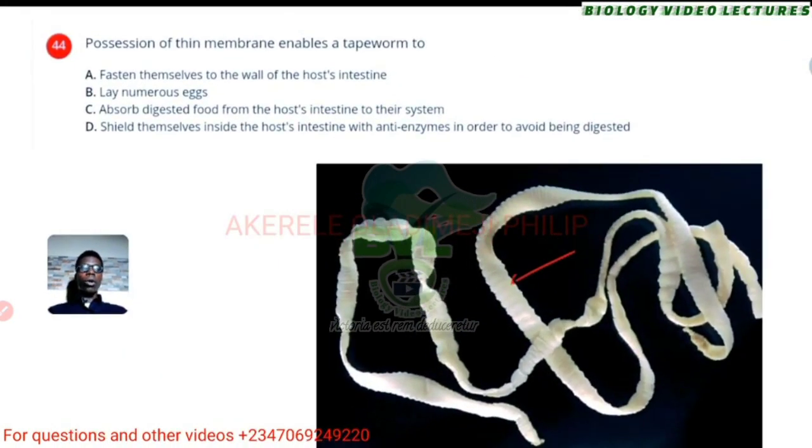Well, it allows it to absorb digested food, so the answer is going to be C. Of course it has suckers and so on, but this thin membrane also helps it absorb nutrients from the body of the host, as the case may be.